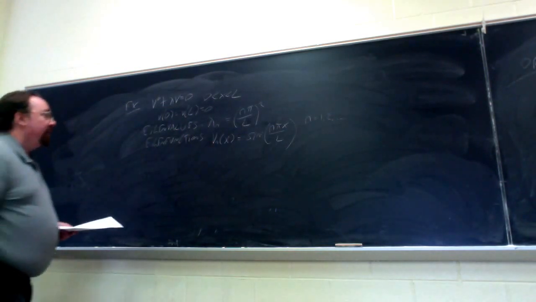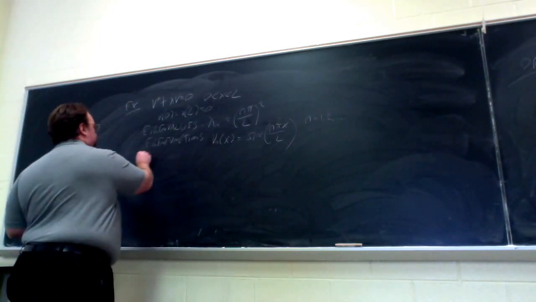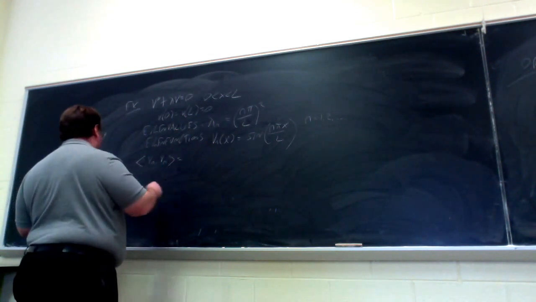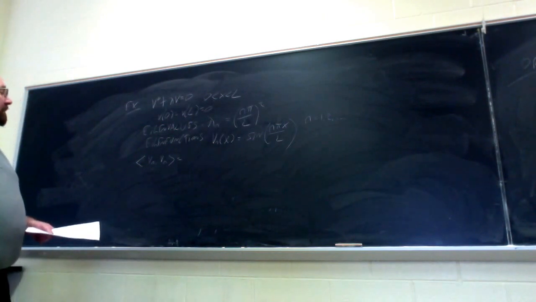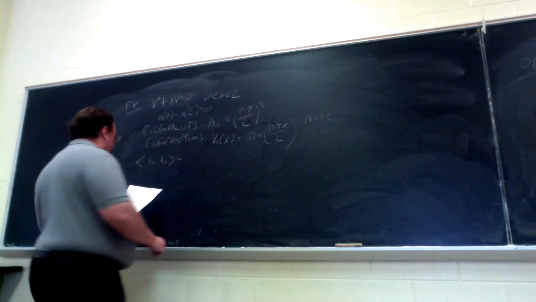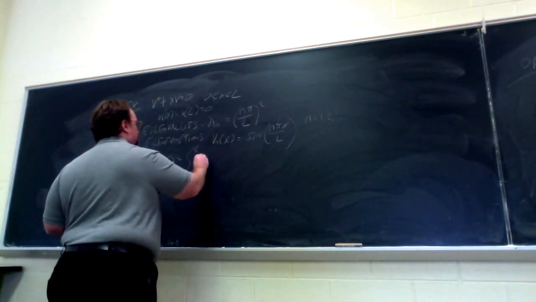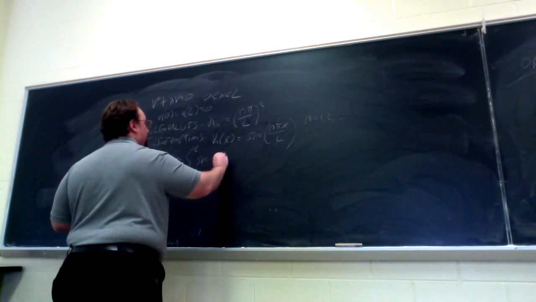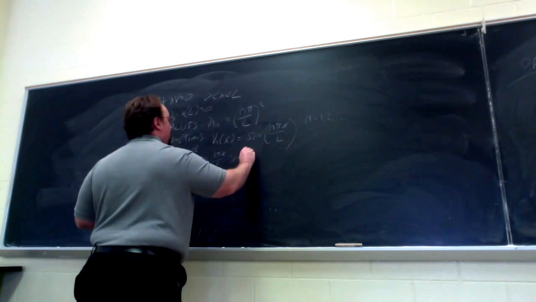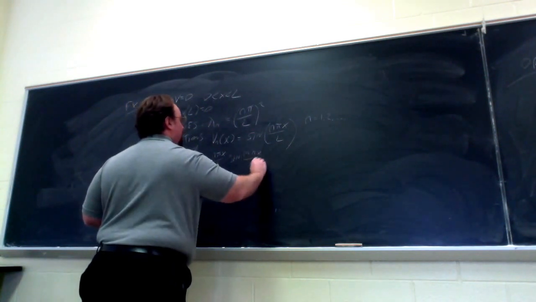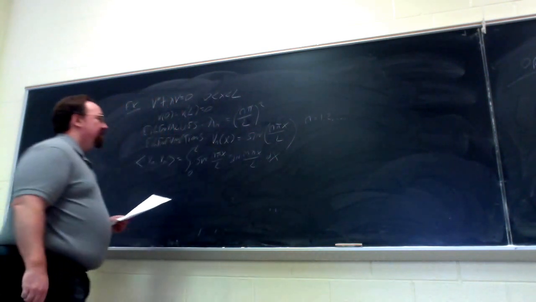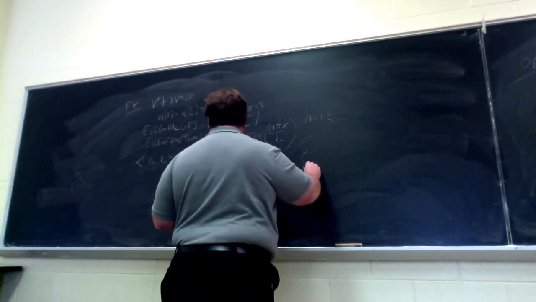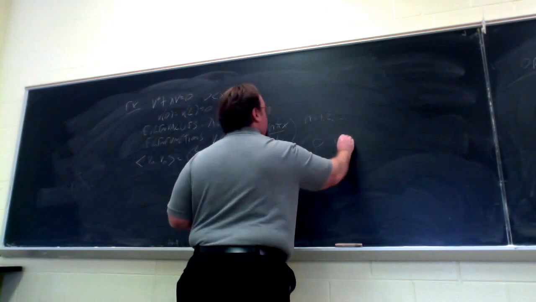Now, you can verify directly, as we've done at various points in the notes, if you take the inner product of any two of these eigenfunctions, that'd be the integral from 0 to L of sine n pi x over L times sine m pi x over L, and use product-to-sum identities, and what you get is 0 if m is not equal to n.